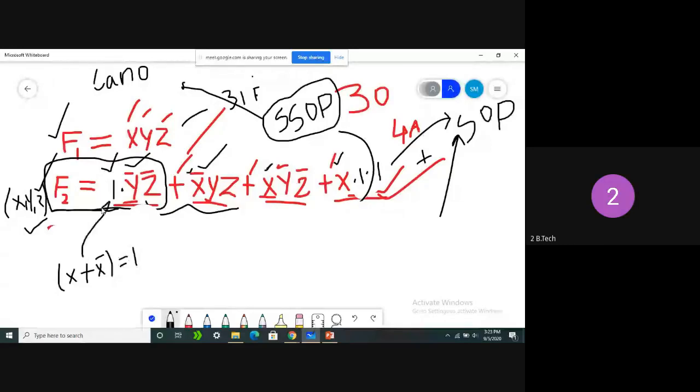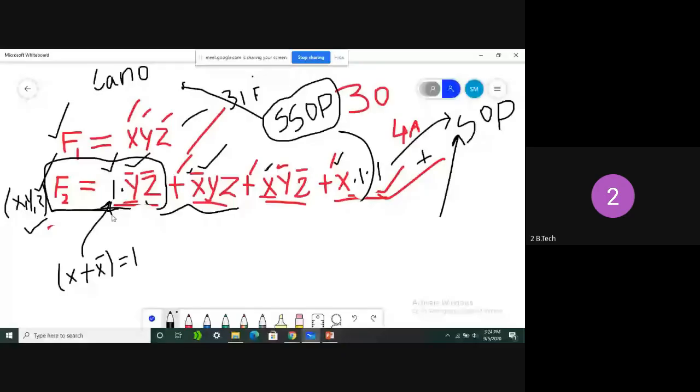We multiply with 1, and 1 is nothing but X plus X bar. Even after multiplication, while simplifying we get the same XYZ only, the same YZ only, so the function is not going to change. Here, for the missing Y, we simply multiply with Y plus Y bar.